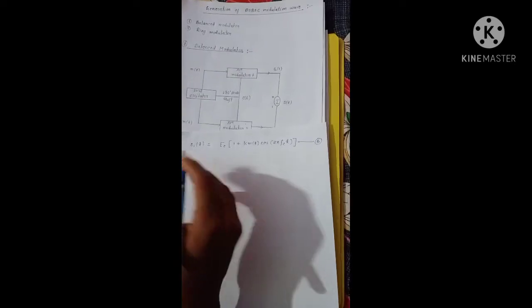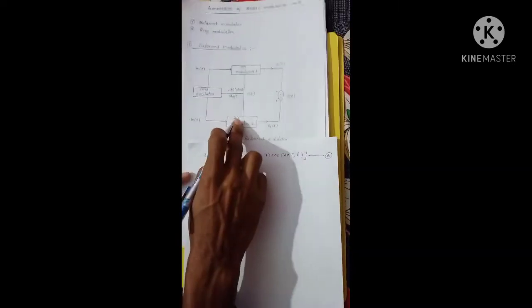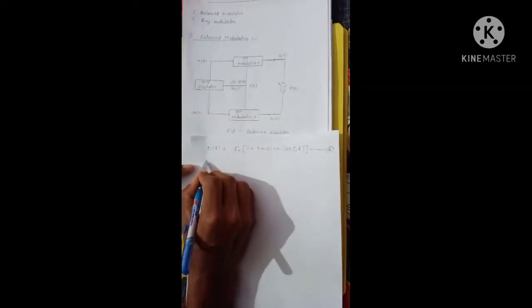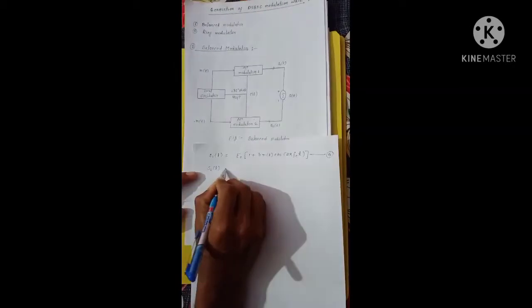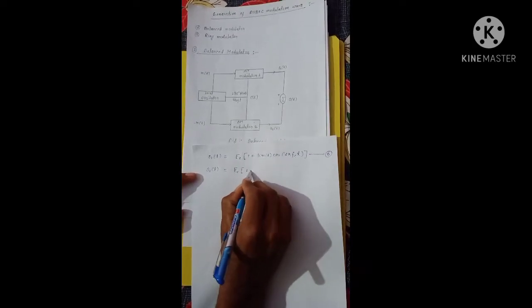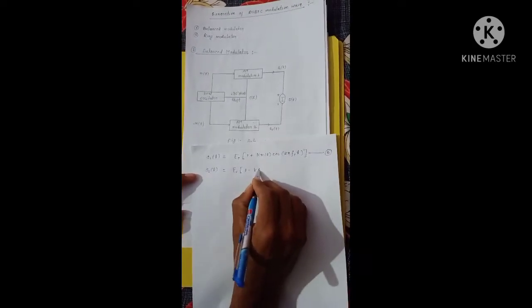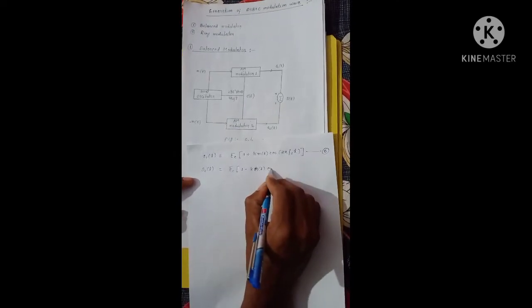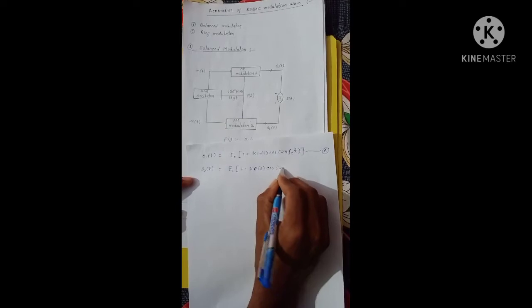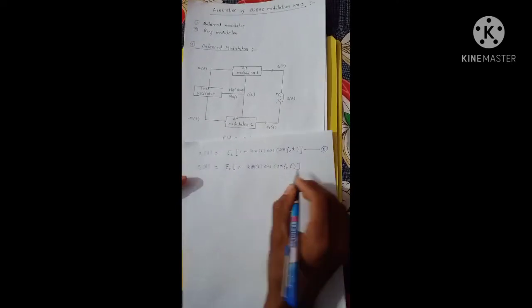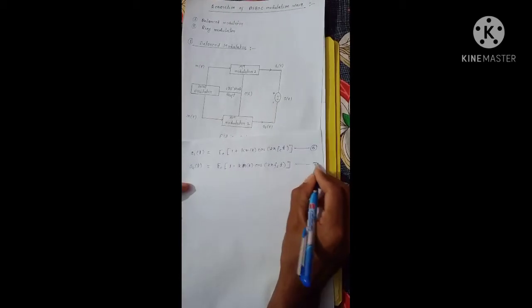And the output of the lower modulator is S2(t) is equal to EC into 1 minus K m(t) cos 2 pi fc t. Let this be equation 7.